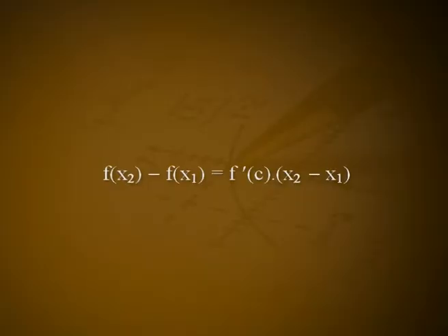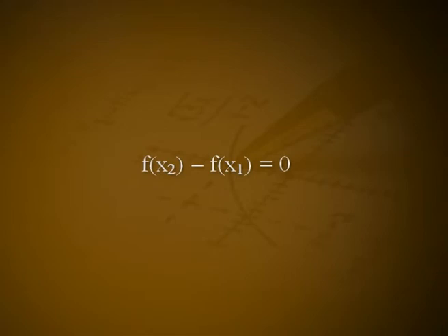Proof: let x1 and x2 be any two points in [a, b] with x1 less than x2. The hypotheses of mean value theorem are satisfied by f(x) on the closed interval [x1, x2], a subset of [a, b]. So, there exists at least one c between x1 and x2 such that f(x2) - f(x1) = f'(c)(x2 - x1).